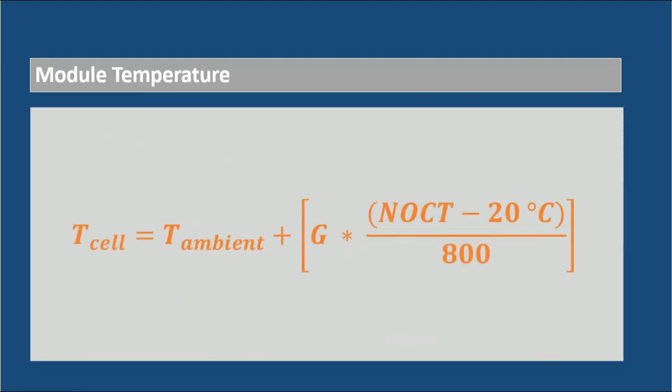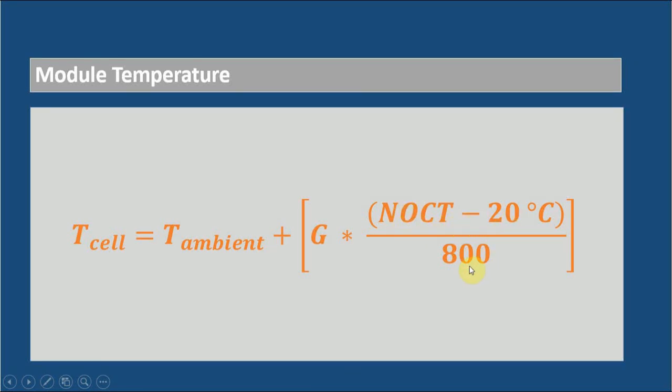There is one thing: the cell temperature is different than the ambient temperature. So when we are going to correct at a high temperature, we need to use this equation to get the cell temperature. The cell temperature equals the ambient temperature plus G, which is the irradiance at which we are going to correct, over 800, times NOCT minus 20, where NOCT is the nominal operating cell temperature, which is available in the datasheet for each module.